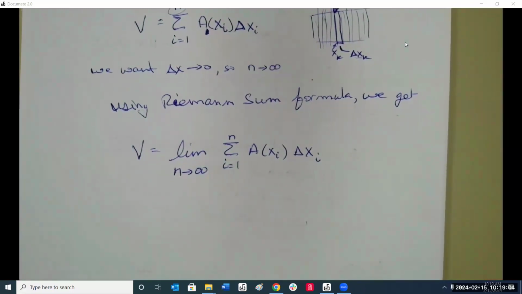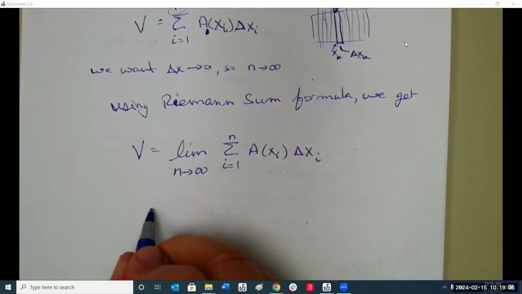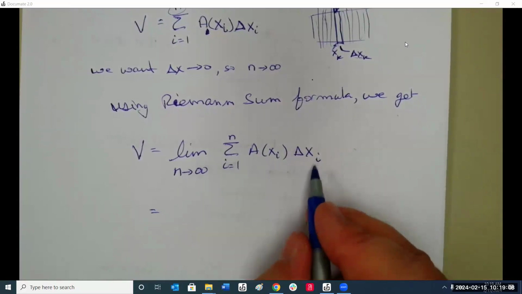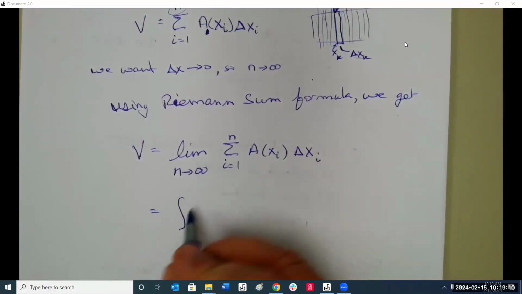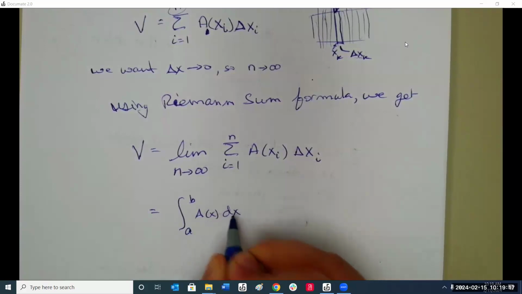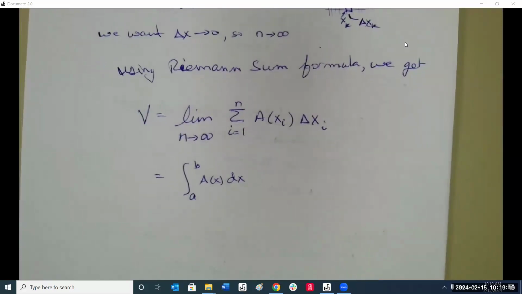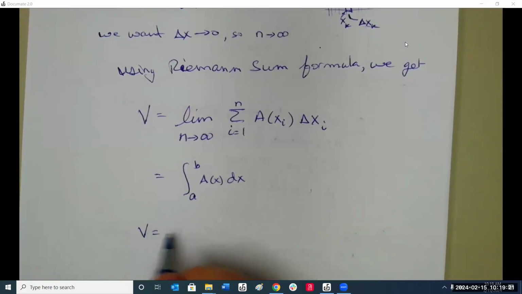And also remember that the Riemann sum formula found us the area. So it's the integral. So this is our formula that we'll be using.